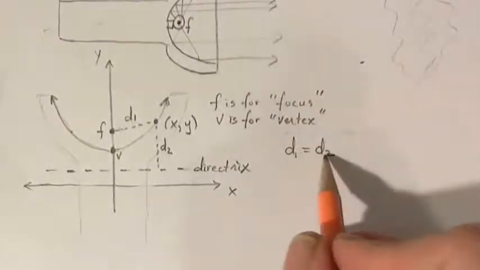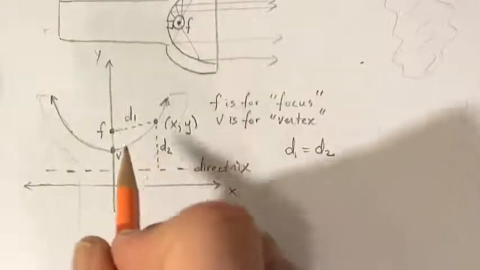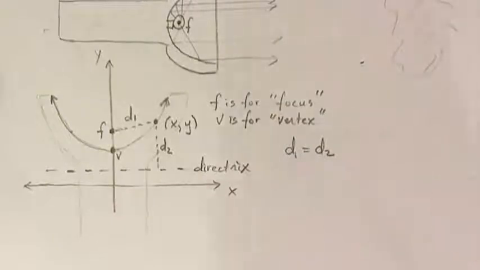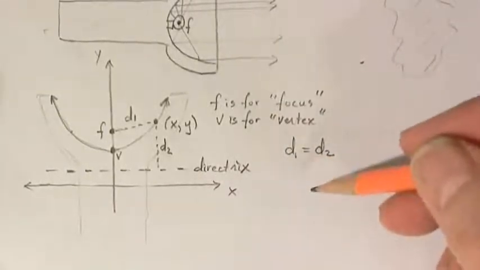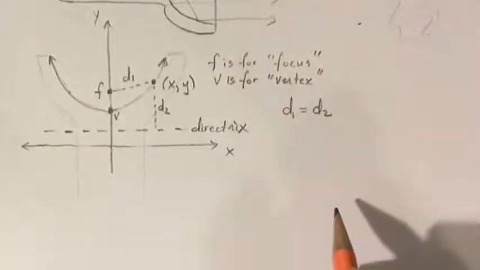Now, using this and the distance formula, we could work out the equations, but I'm going to shorten it up a little bit. That derivation is a little bit long, and I think you might fall asleep if I did it.